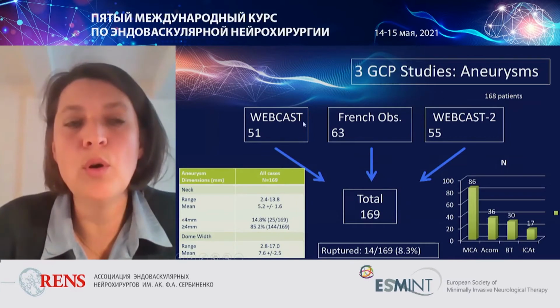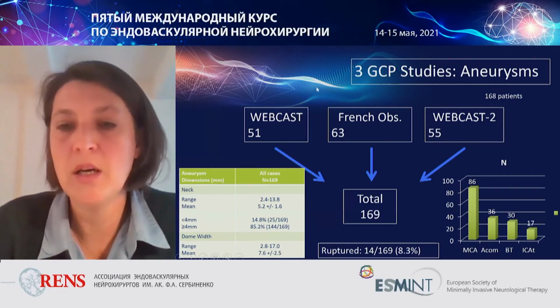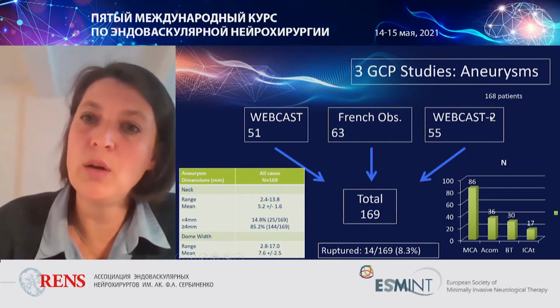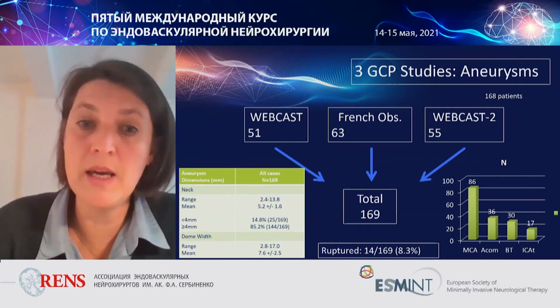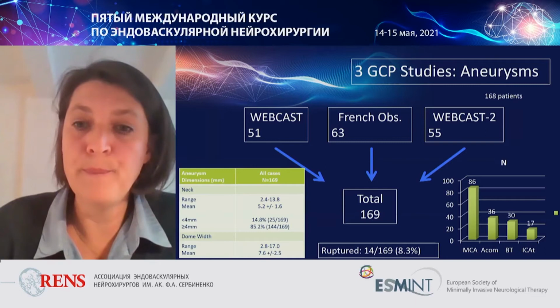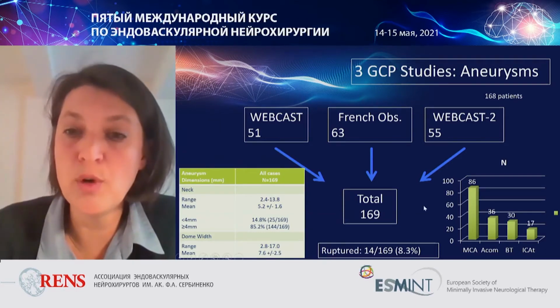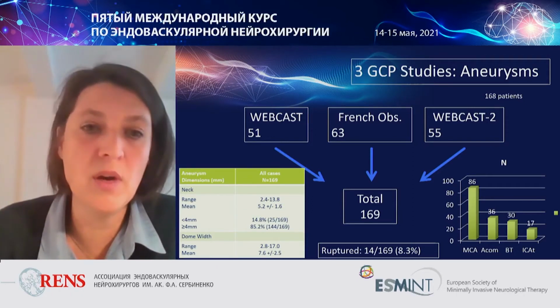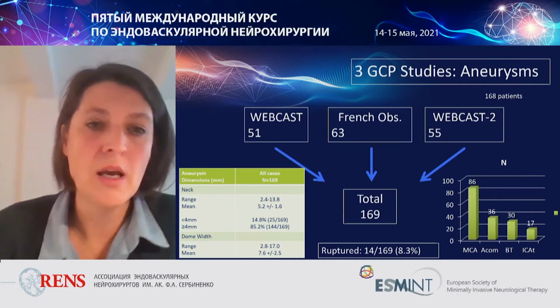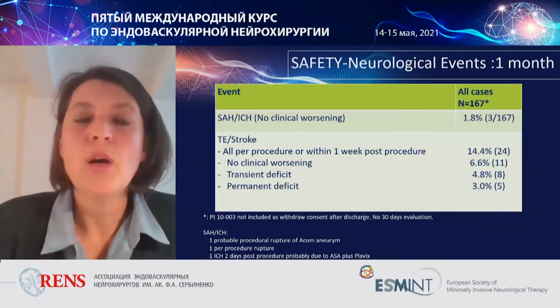If we pool all the results of the European studies, we talk about the 3 GCP studies for a total of 169 aneurysms in 168 patients. It's mainly unruptured aneurysms, and as you can see, mainly MCA bifurcation aneurysms with wide neck.